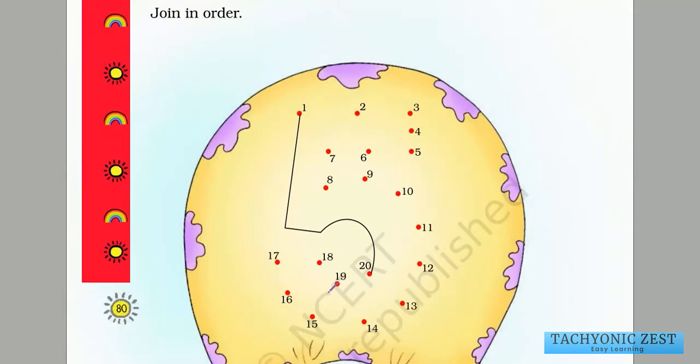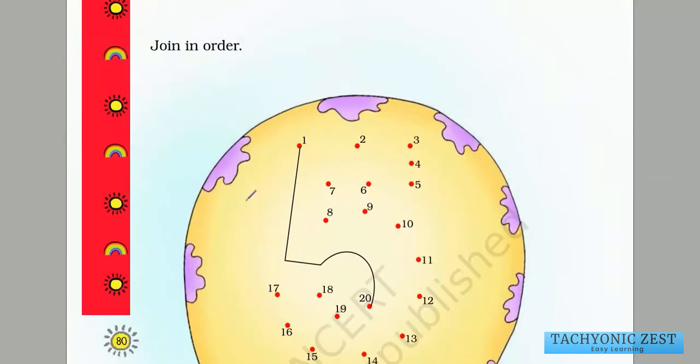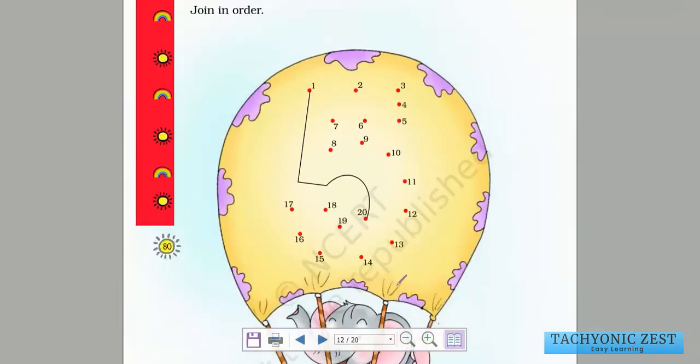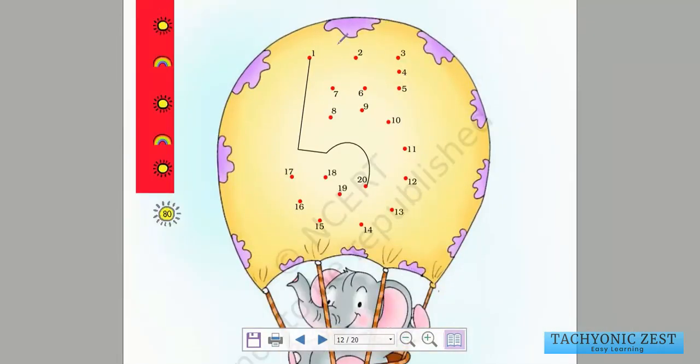Okay, now let us see the solution. So to join it, what we have to do is we have to join the numbers in order. Okay, so after 1 we know what comes. Okay, so after 1 it comes 2. Okay, so now let us join all of these together. So 1, then 2, then 3, then where is 4?